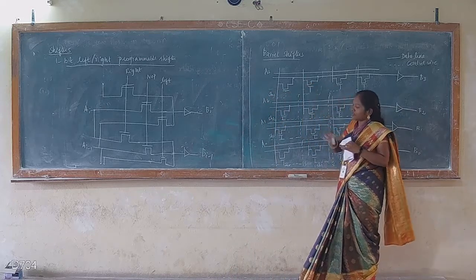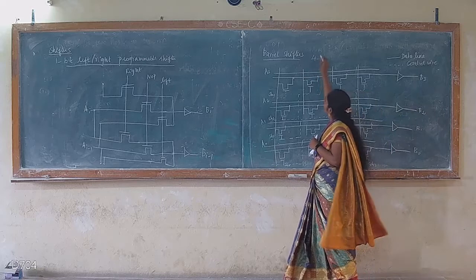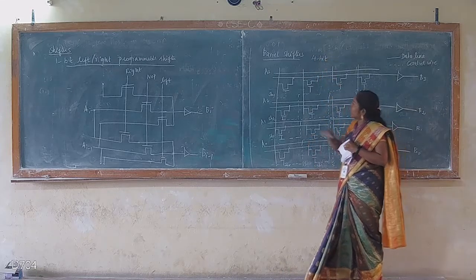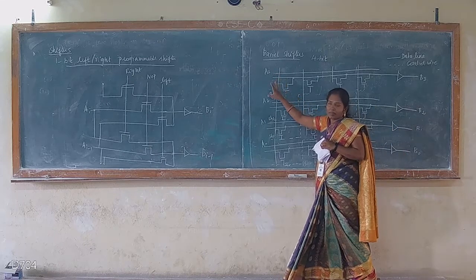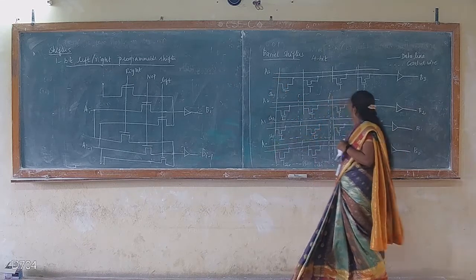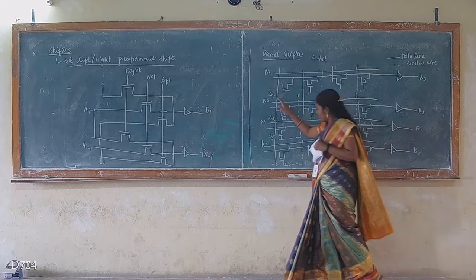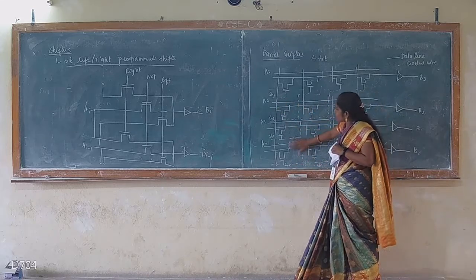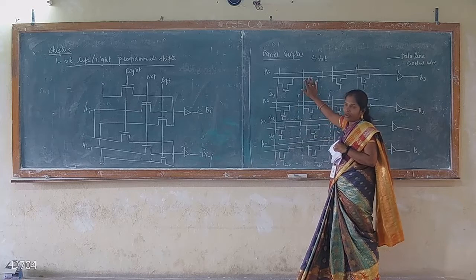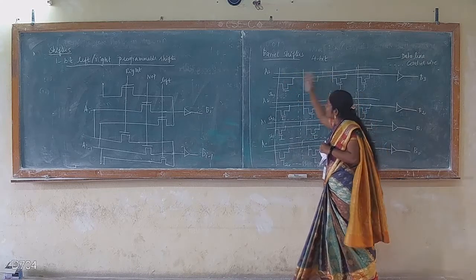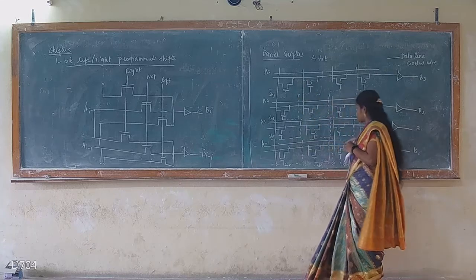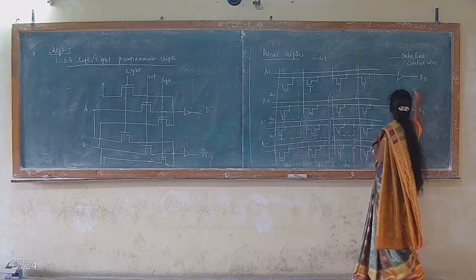In barrel shifters, we have constructed a 4-bit barrel shifter. Then we have the data lines. We have the data bits A3 to A0, and the control wires SH0, 1, 2, 3. The control wires are routed diagonally, and the number of rows equals the input data lines, and the number of columns equals the shift width.